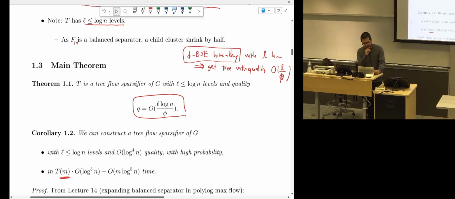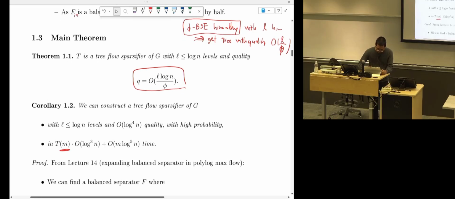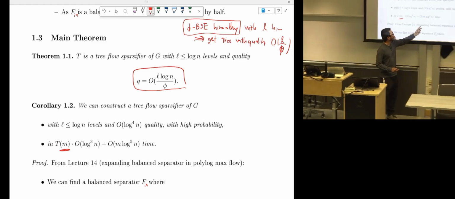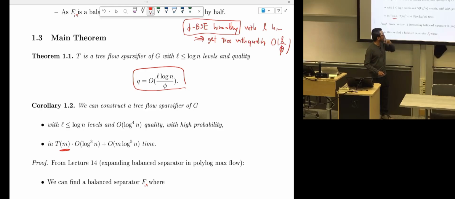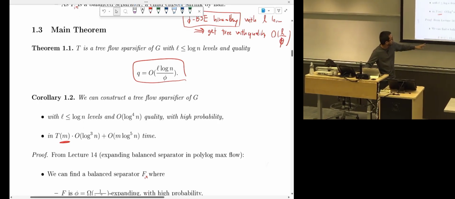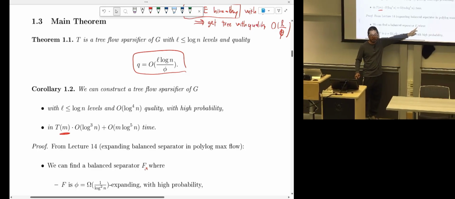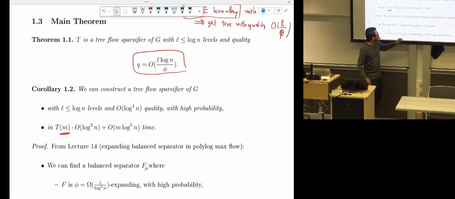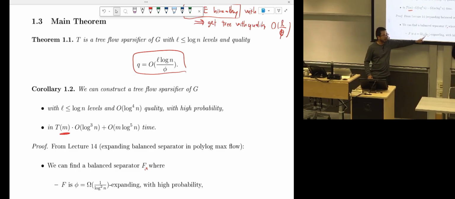So why is that? Well, from the previous lecture, we know how to compute an expanding balanced separator in polylog max flow time. Specifically, we can compute the balanced separator F in, where F in is something like 1 over log squared expanding.